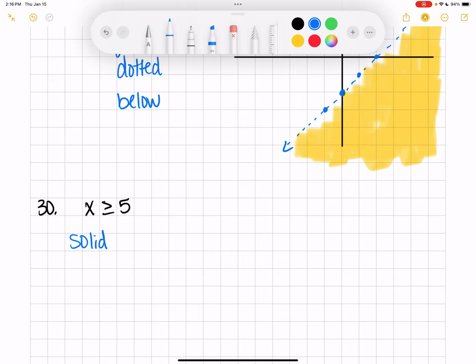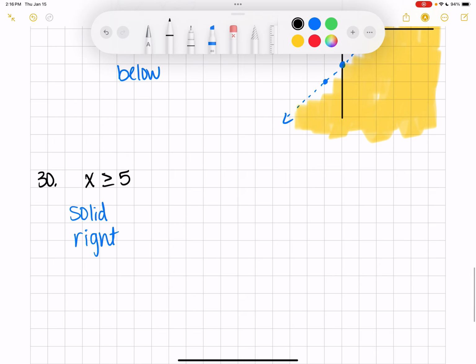It's an x. What variable are we normally looking at? y. Okay, so if it's x instead, then I'm either shading right or left. This one's going to be right because that's where x is bigger. So I'm going to be shading on the right side of this, and it's a solid line. Yep. And wait, I know how to do this.